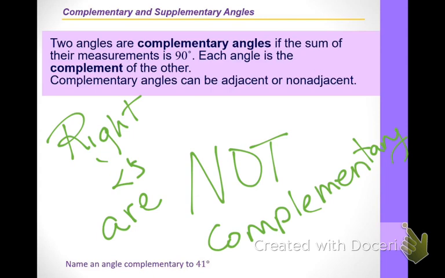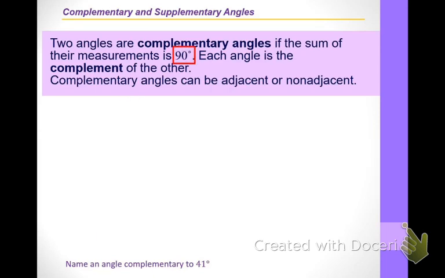Okay, so first thing we're going to talk about, I want you to draw a slightly large C. Not a small c, you're going to be writing two things next to it. So complementary.